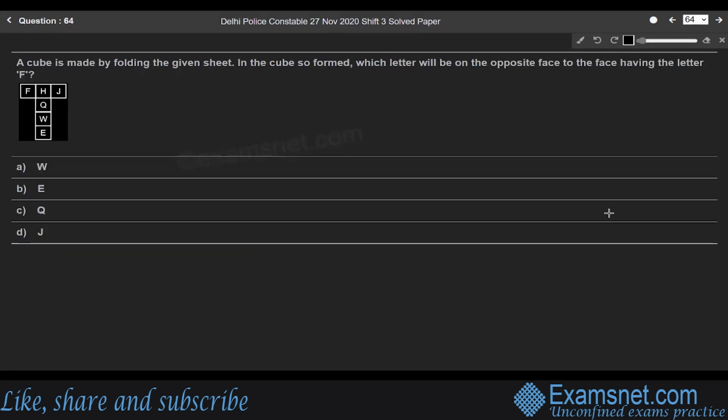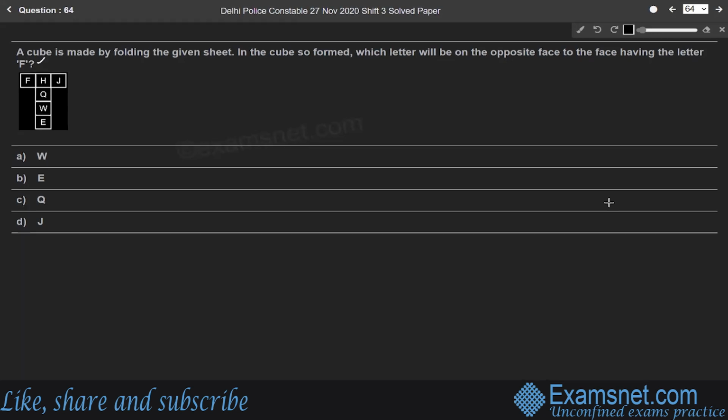Question 64. A cube is made by folding the given sheet. In the cube so formed, which letter will be on the opposite face to the face having the letter F? So here in the given sheet of paper, if a cube is formed by keeping H as the bottom of the cube, if we consider H as the bottom of the cube and fold the sheet of paper, then W becomes the upper face of the cube.